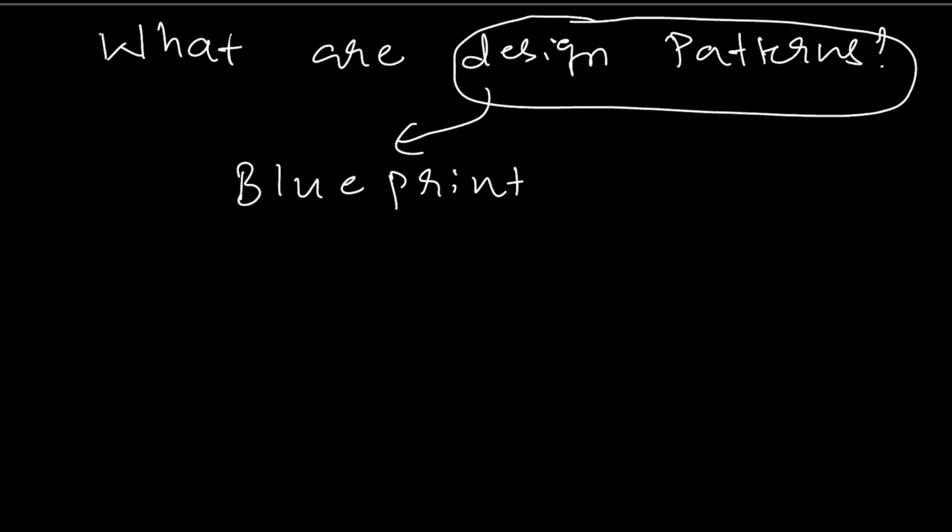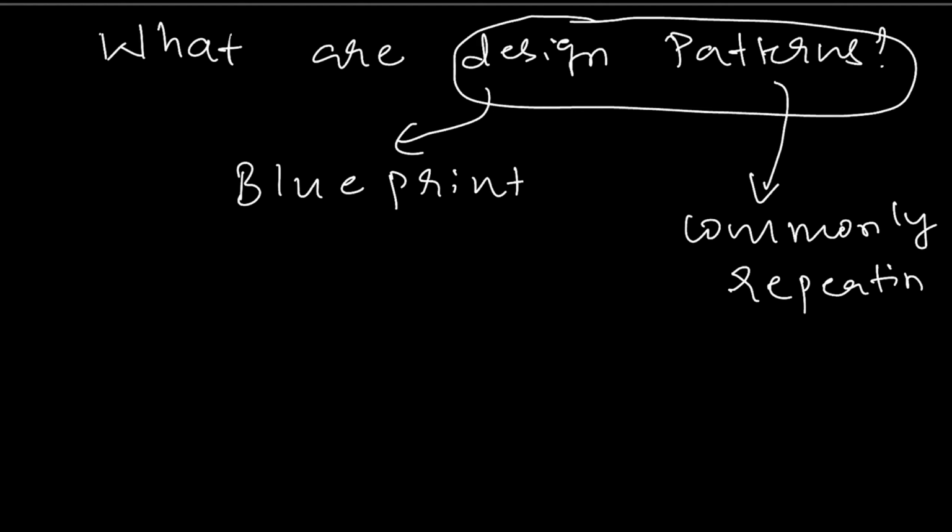You would come up with a blueprint or an architecture diagram of the house before you start constructing. So that becomes a design for your house, right? Patterns, certainly we all understand what patterns are. Something that is commonly occurring, or commonly repeating or recurring.